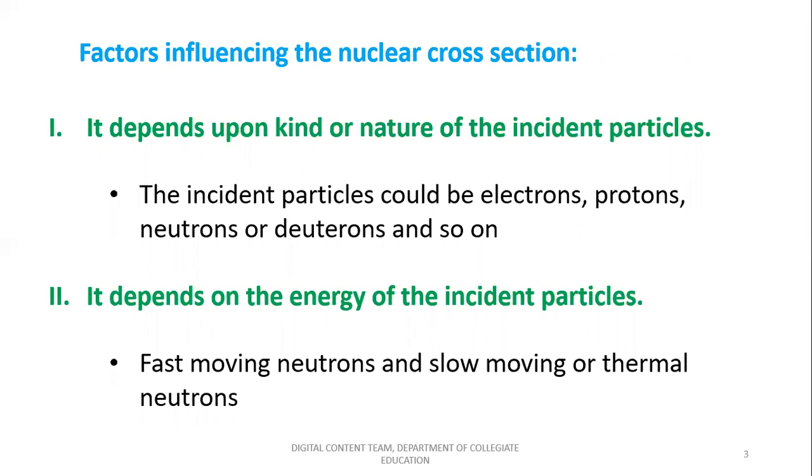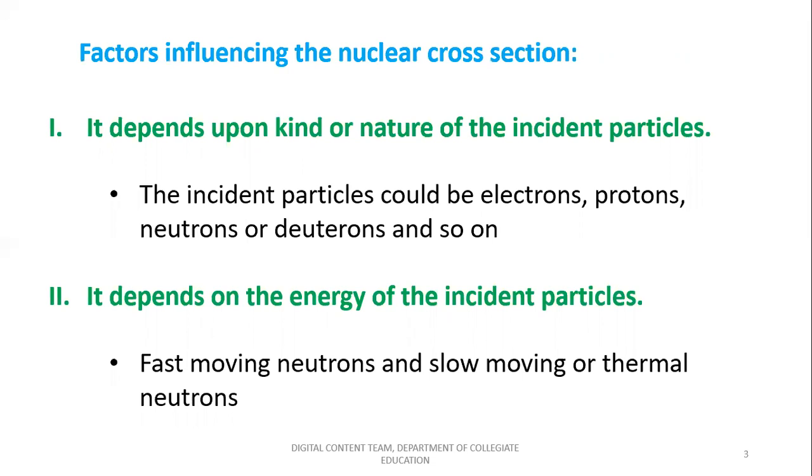The nucleus, which is associated with positive charge, repels the protons as they move towards it. So it is very difficult to induce a nuclear reaction between protons and a nucleus. Therefore, the area of cross section corresponding to protons will be less.